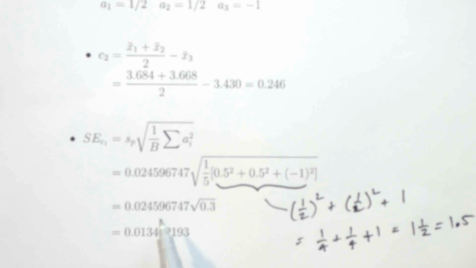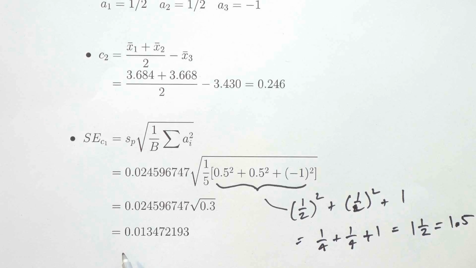Obviously, if you have a calculator, you can just do it there, but that gives us 1.5. And then we're going to have 1.5 divided by 5, so there's where we're getting our 0.3. And so we take the square root, multiply by our pooled standard deviation, and we have a standard error of the contrast being 0.01347, etc.